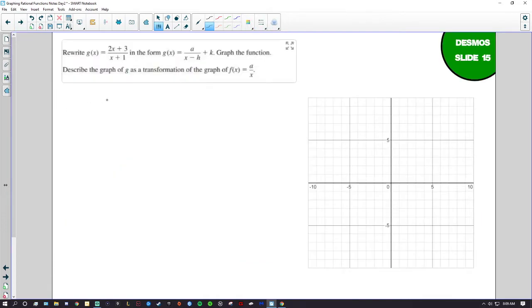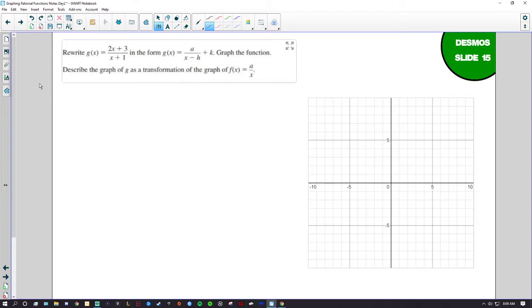We are going to slide 15, which is taking a hyperbola, a rational function that is in the standard form, and converting it to our transformation form, a over x minus h plus k. There's a couple ways we could do this.